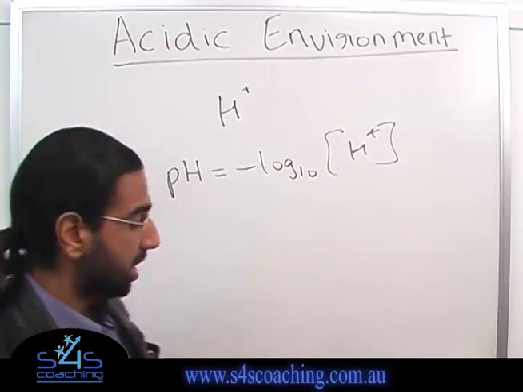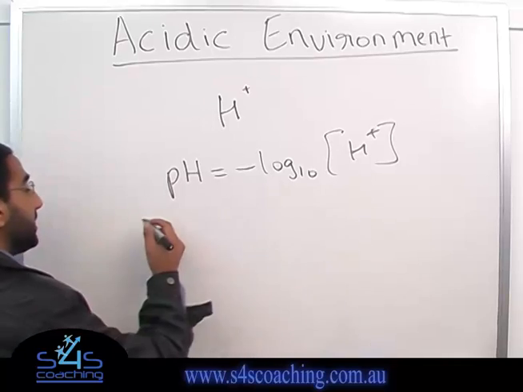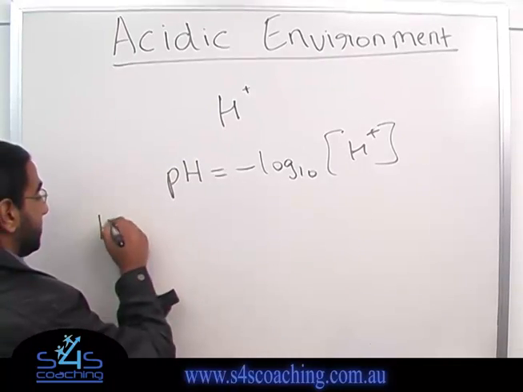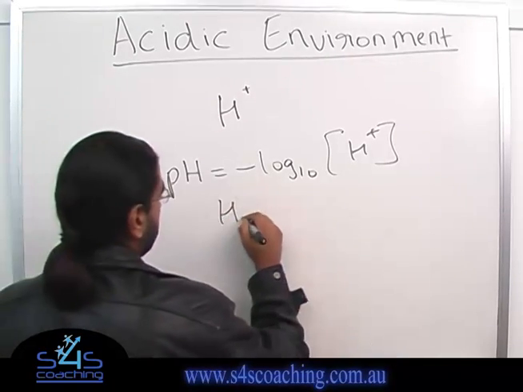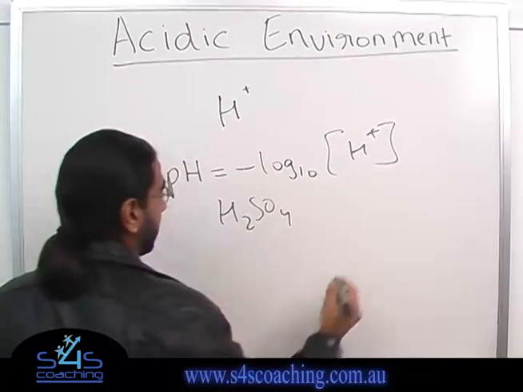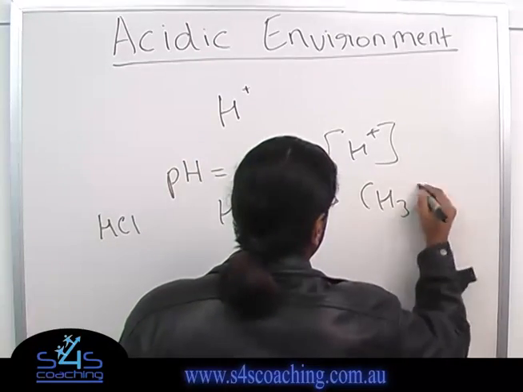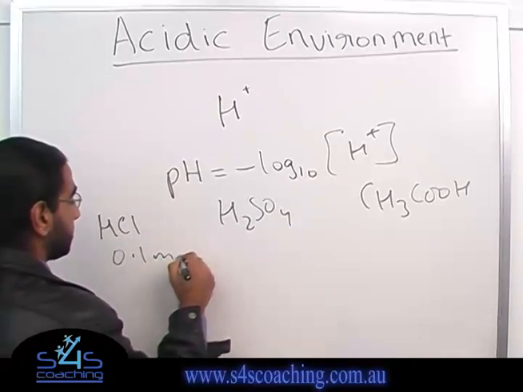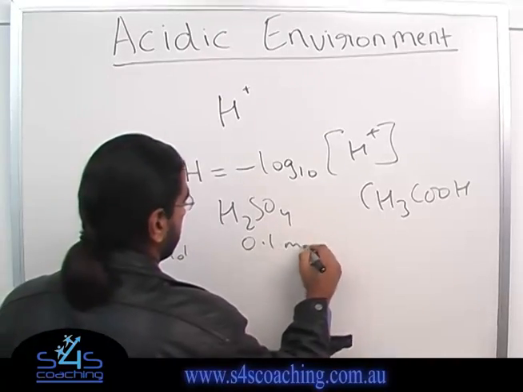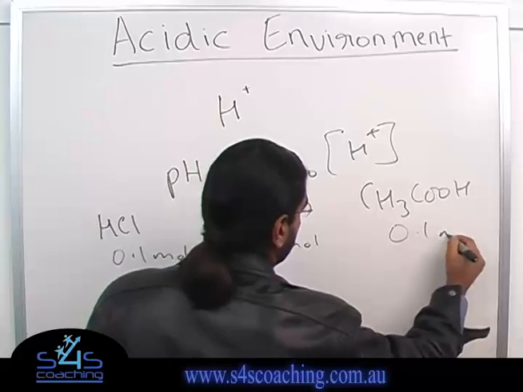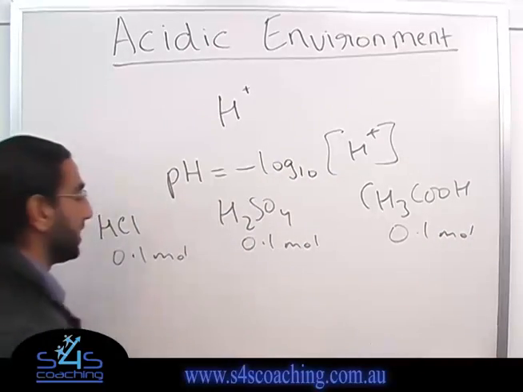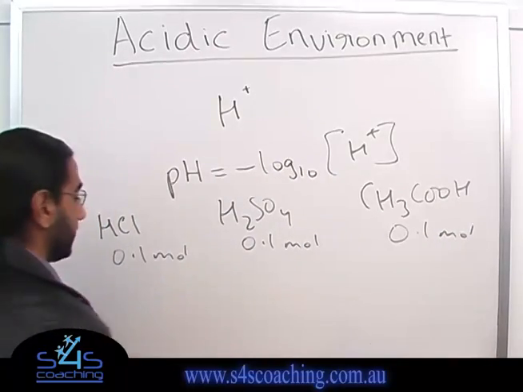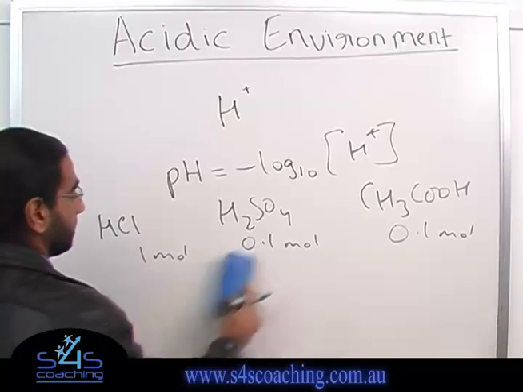Now, if I take three acids, right, I'll take HCl, H2SO4, and ethanoic acid, which is CH3COOH, and I have 0.1 moles of each of them. And I ask you to find the pH. Actually, I won't do 0.1, I'll just do 1 mole. Alright?